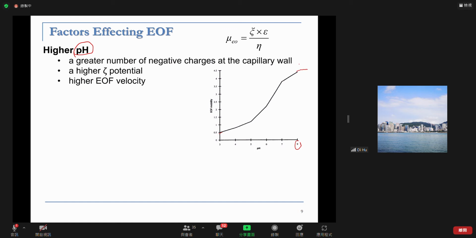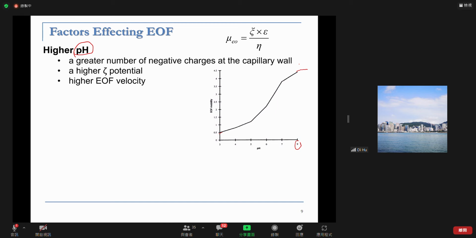Okay, so that means if you increase the pH from 3 to 9 to 10 to 11, that will increase the number of negative charge on the capillary wall, and of course, that will increase that electro potential, right? And then so high electro potential drop then in the mobile phase, and then that means you have higher zeta potential and you have higher EOF.